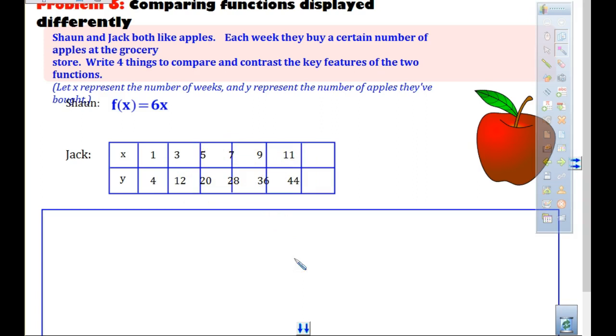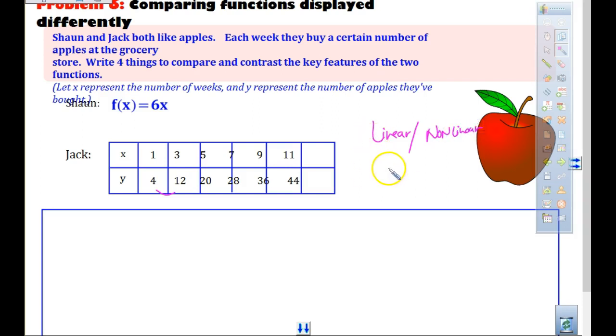So the first thing, when I think of key features, what I want you to be telling me about key features, I want you to think, is it linear on the test or nonlinear, okay?